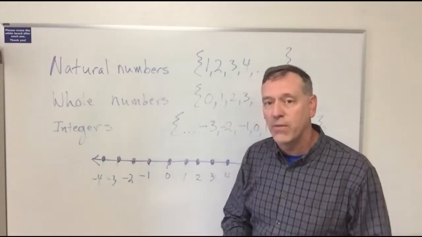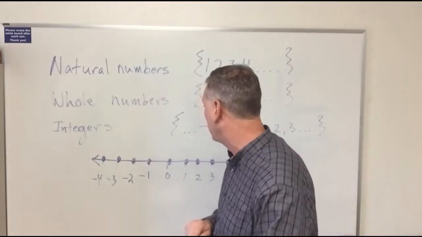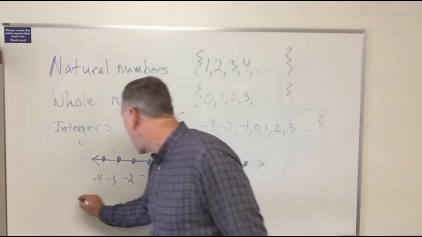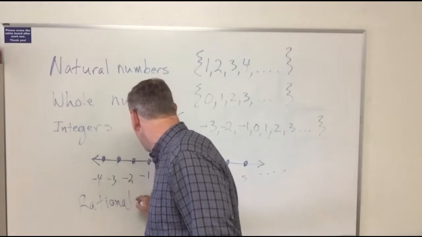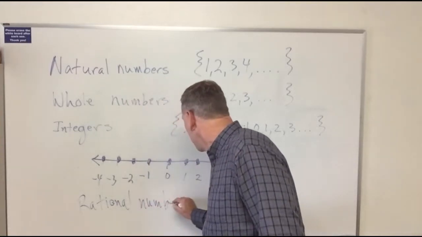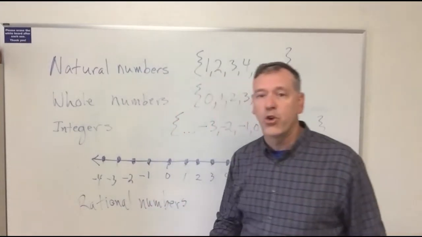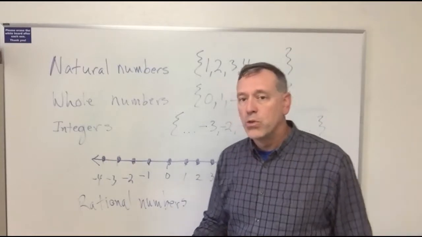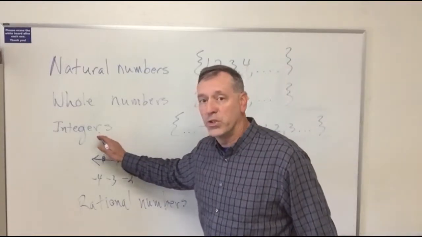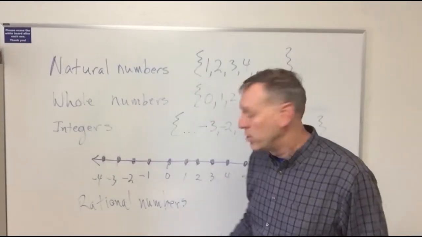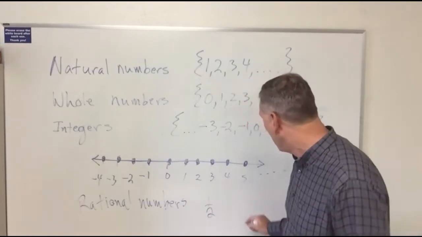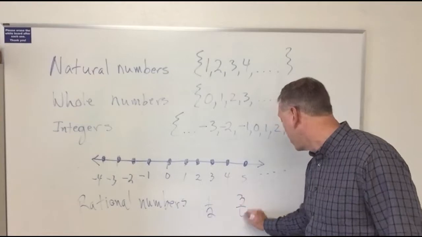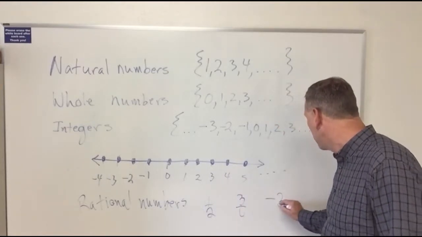Now, there's another set of numbers, and these are rational numbers. They are any numbers that can be crafted through the use of integers as a fraction. So, for instance, 1/2 or 3/4 or minus 2/3.